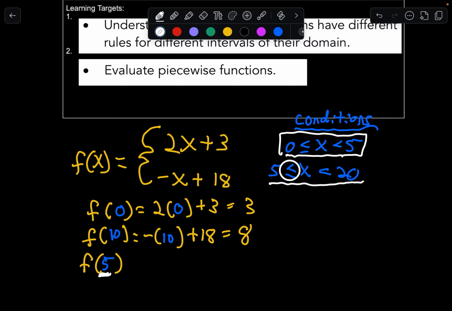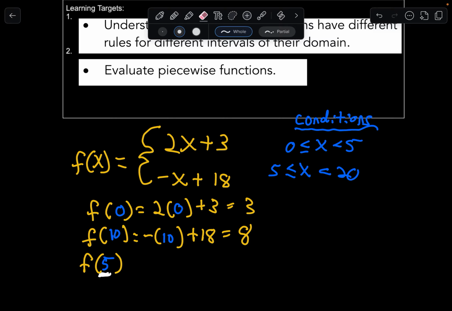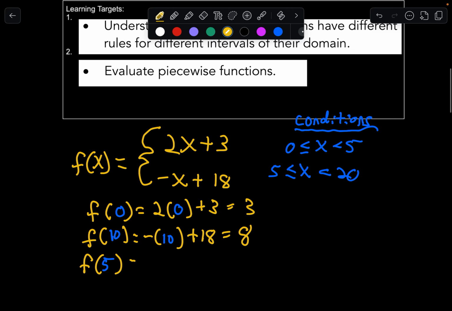And that's about the only thing that could trip you up, because you may get confused about which piece to use. If I ask you to evaluate the function at where they hand off, you have to use the piece that's defined there, that has the or equal to. So f of 5 would be the bottom one. So it would be negative 5 plus 18, the opposite of 5 plus 18.